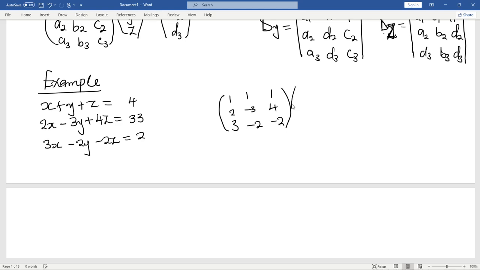Then this side, x, y, z, is equated to 4, 33, and 2.